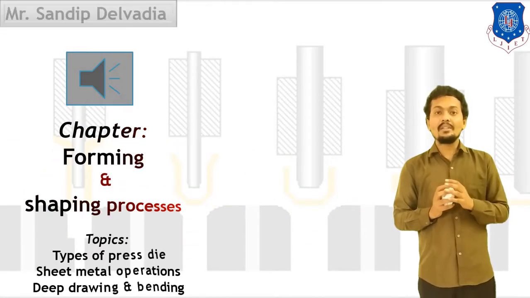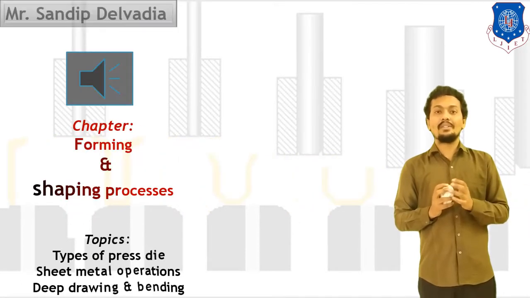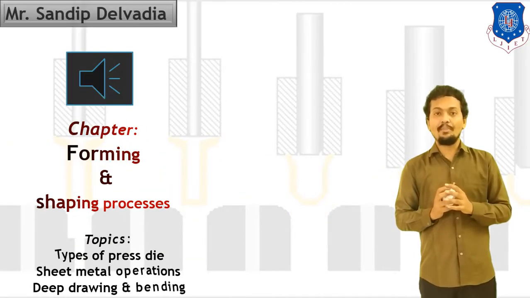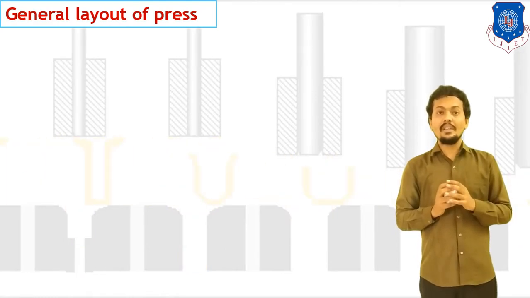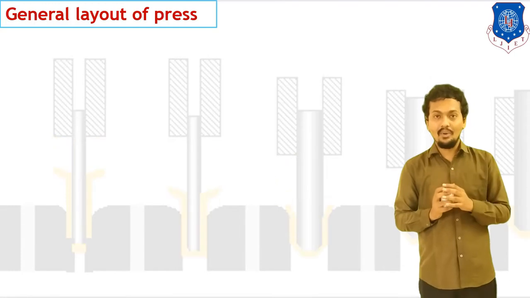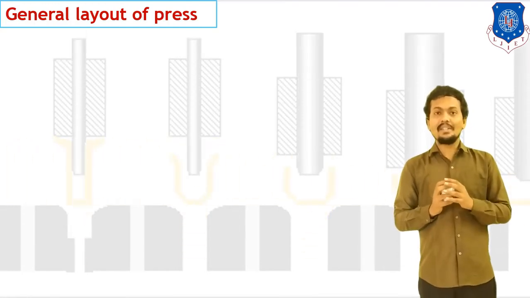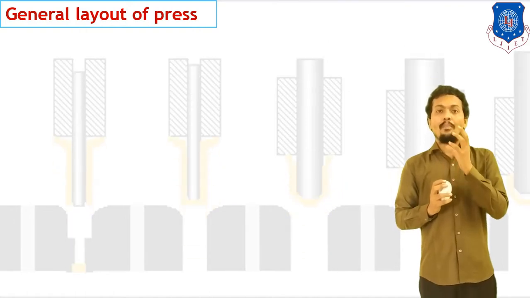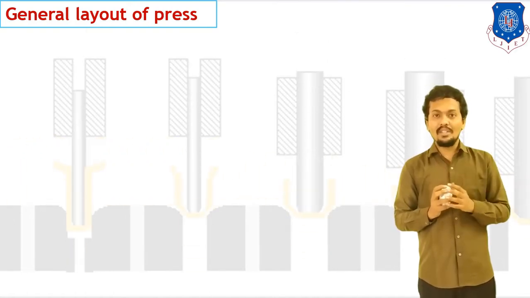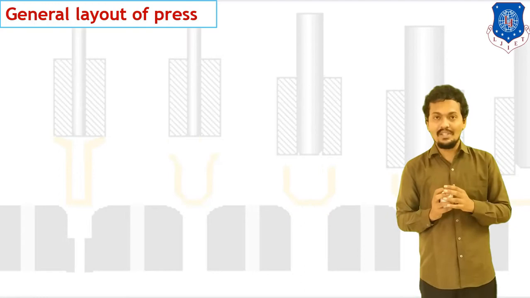We have discussed rolling, extrusion and forging processes. In all these processes, our purpose is to change the shape of a given material. Let us start our discussion on different press tool processes, or different processes performed on a press machine.